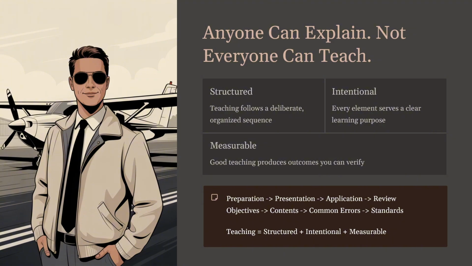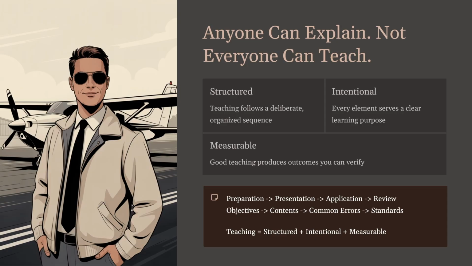And when we say it is measurable, that means the lesson should produce an outcome that can actually be checked. So at the end, I should be able to tell whether the student met the objective or not. So for me, a lesson should never feel like we just went over some stuff.